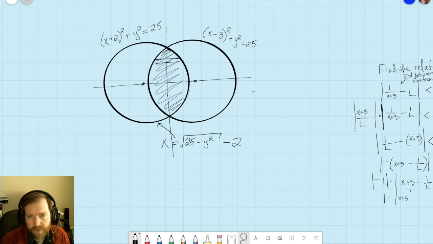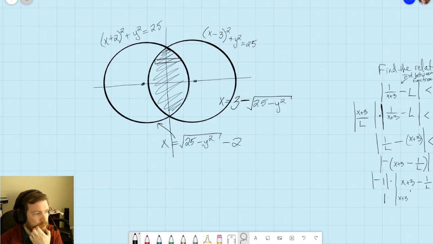And then for this one, this is going to be 25 minus y squared, square rooted, and we want the negative version of this because that's only going to be on this side. And then we're adding 3 to both sides, so 3 minus that. And that's equal to x here.